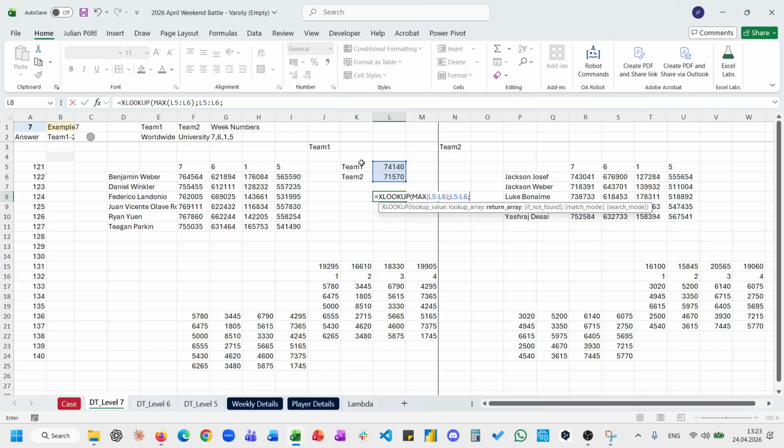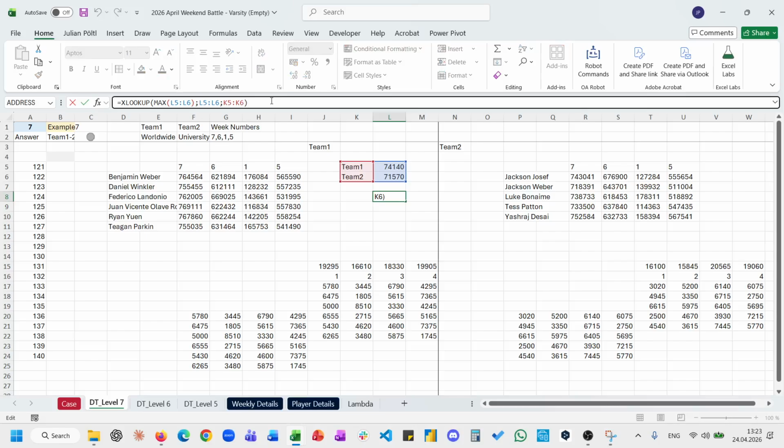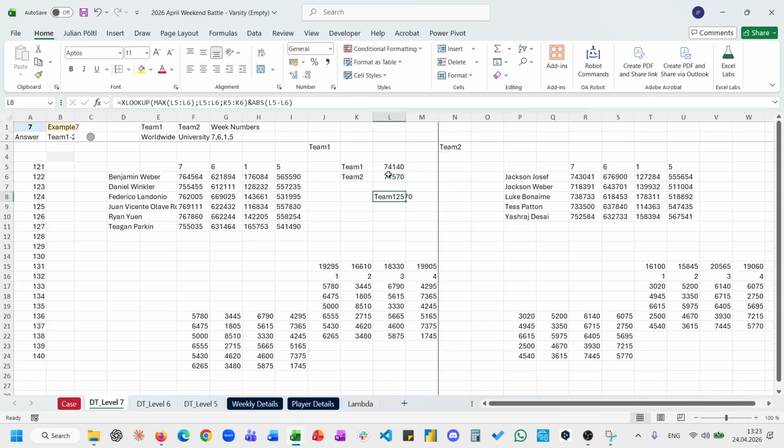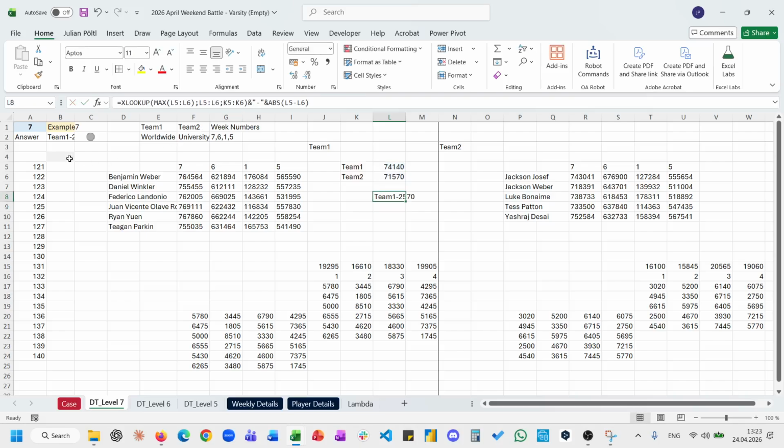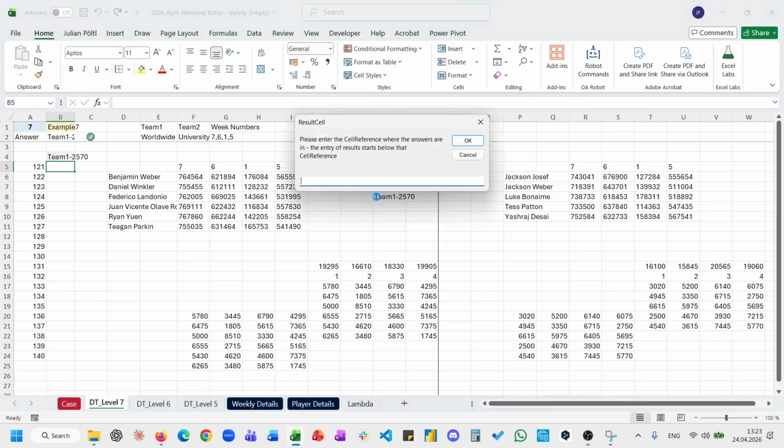In here, returning team name and ABS of this minus this. 1200, I know. And the minus in between. And this should be then working.